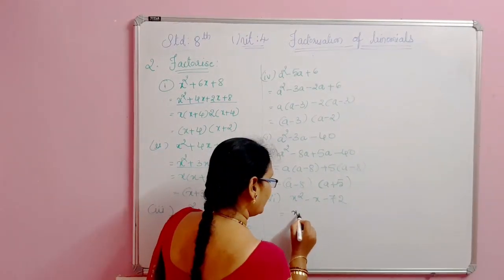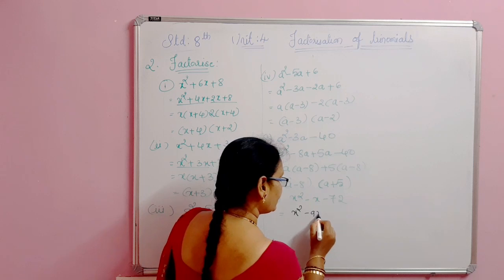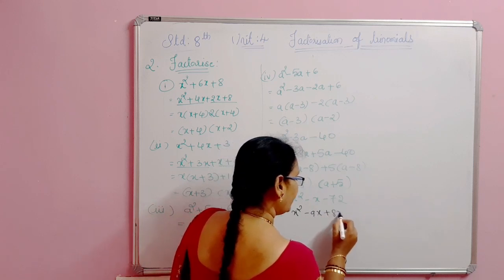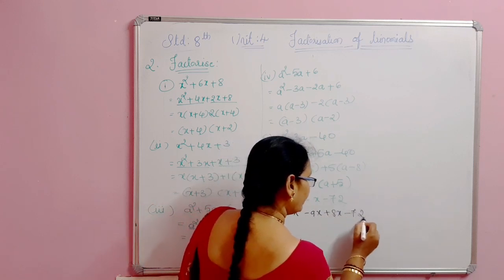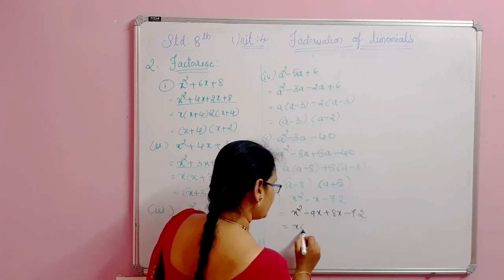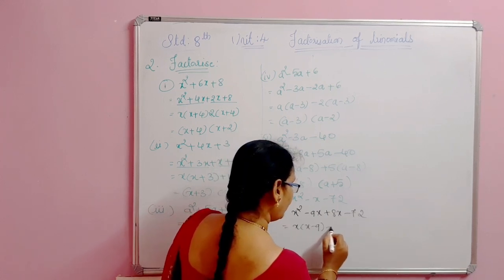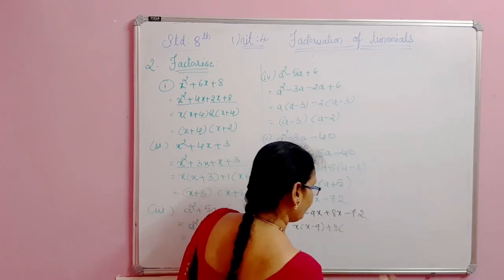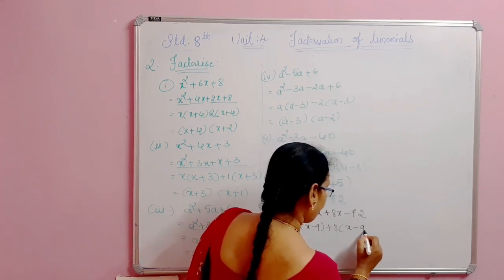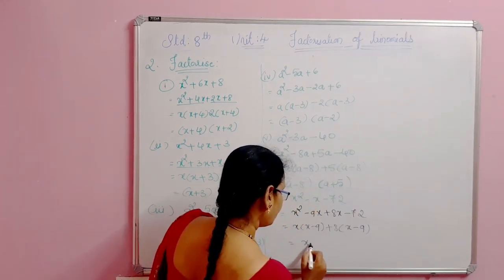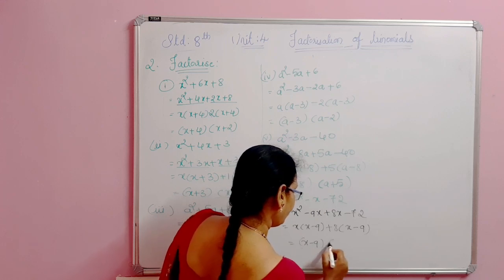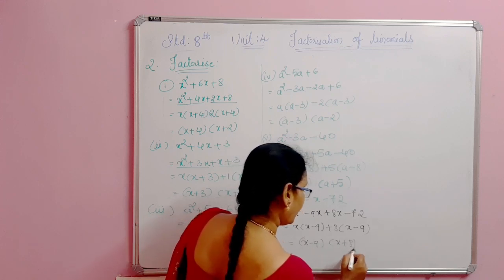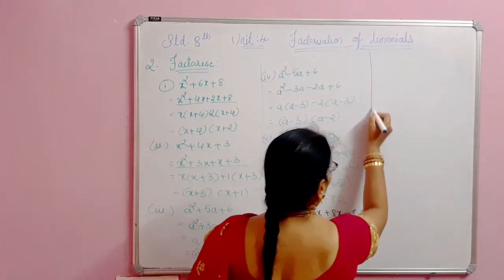Then the bigger number is negative. See, x square minus 9x plus 8x minus 72. x is common, x minus 9, plus 8 is common, x minus 9. So x minus 9, x plus 8 are the factors.